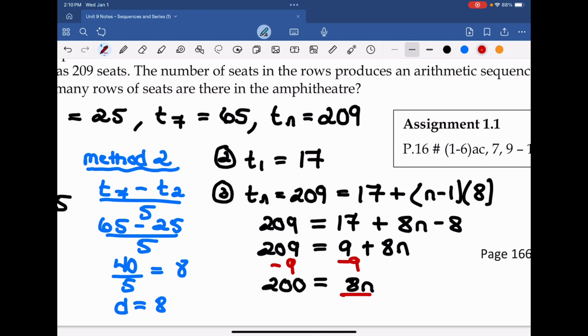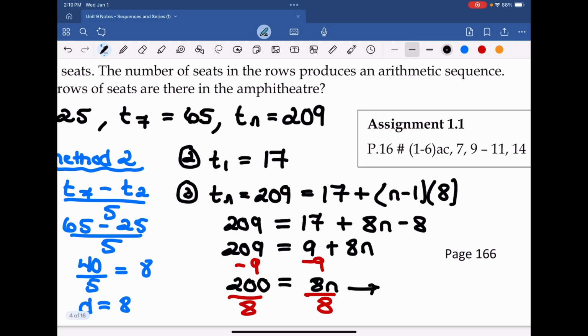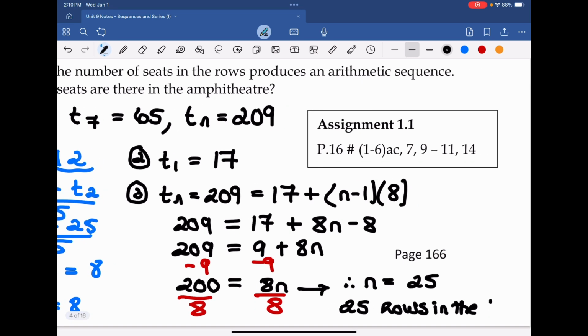We divide both sides by 8, and when we take 200 divided by 8, therefore, n is equal to 25. There are 25 rows in the theater. And I'm going to short form it as that, which I don't really like doing, but there you go. So 25 rows in this amphitheater.